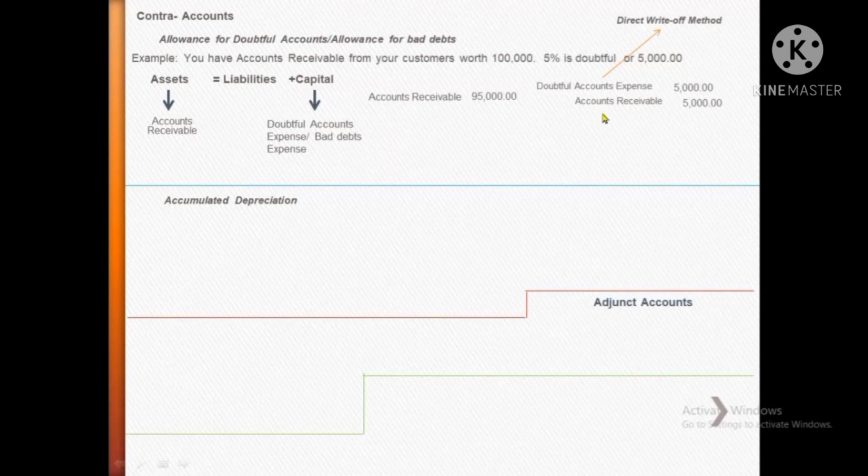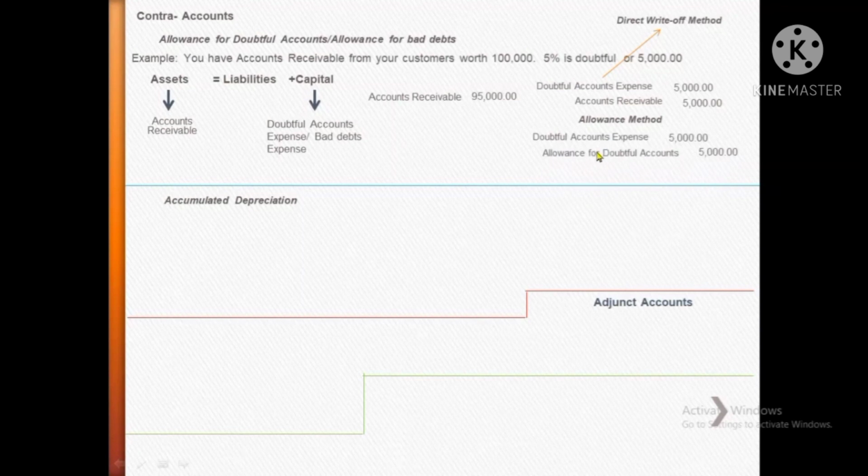We have another method which is the allowance method. In here we are still going to debit the doubtful accounts expense, but instead of using accounts receivable in the credit, we are to change this to allowance for doubtful accounts of 5,000.